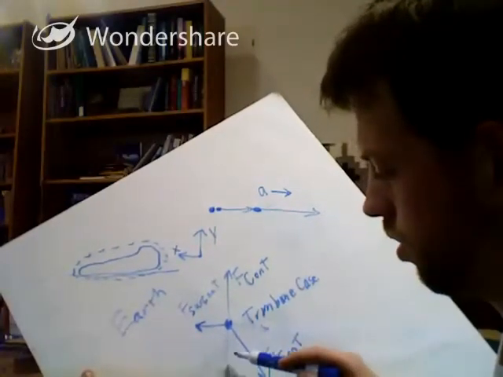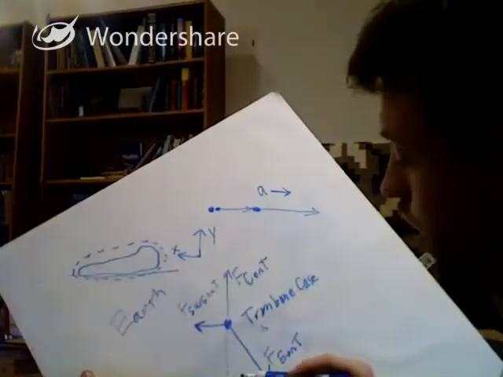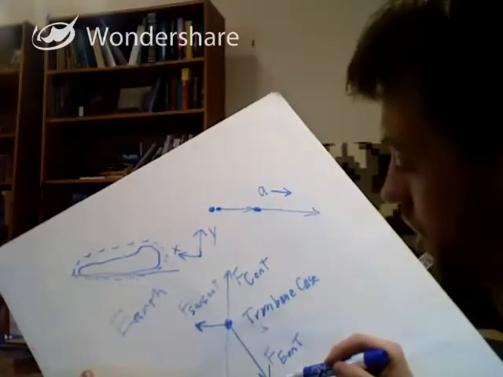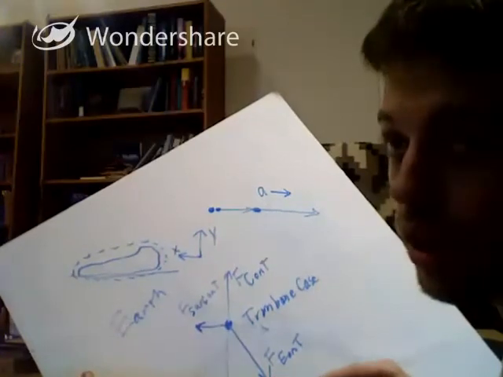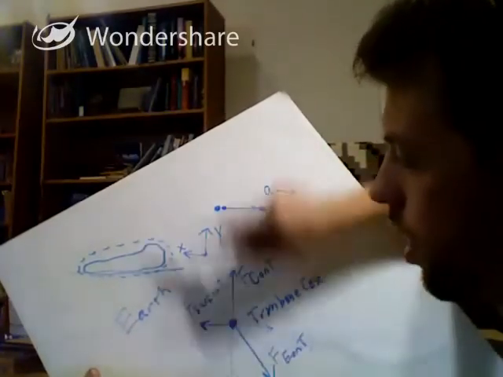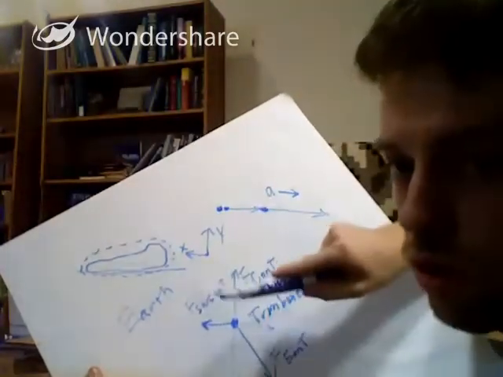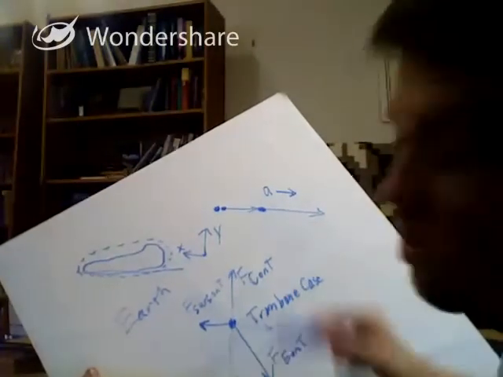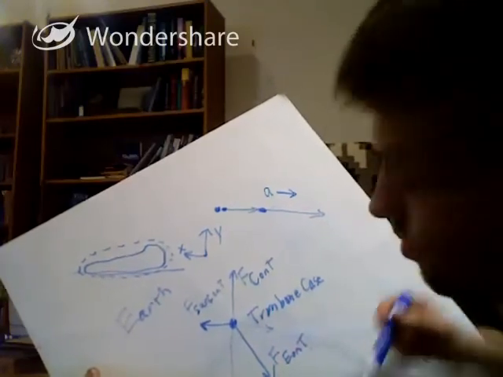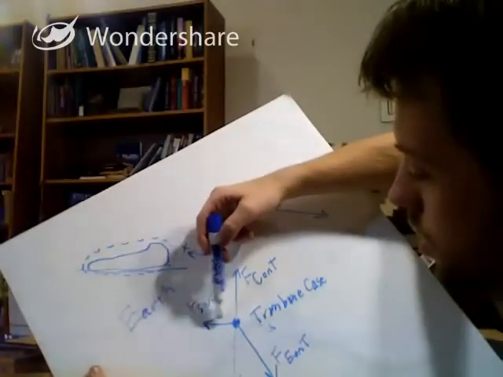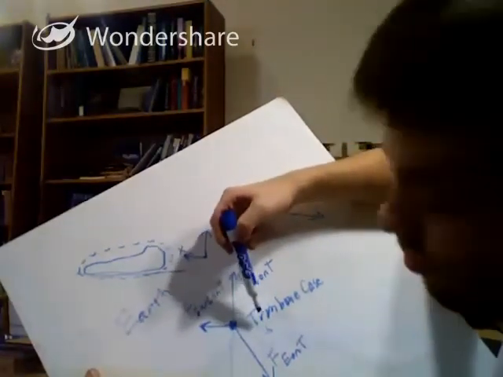These are the horizontal and vertical components of the force the Earth exerts on the trombone case. And we see, as we would expect, because the trombone case isn't accelerating away from or into the cardboard, the vertical forces balance out. However, the horizontal forces do not.